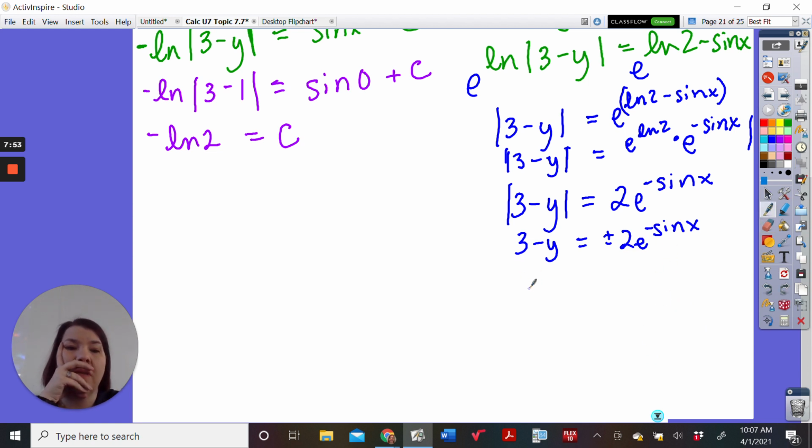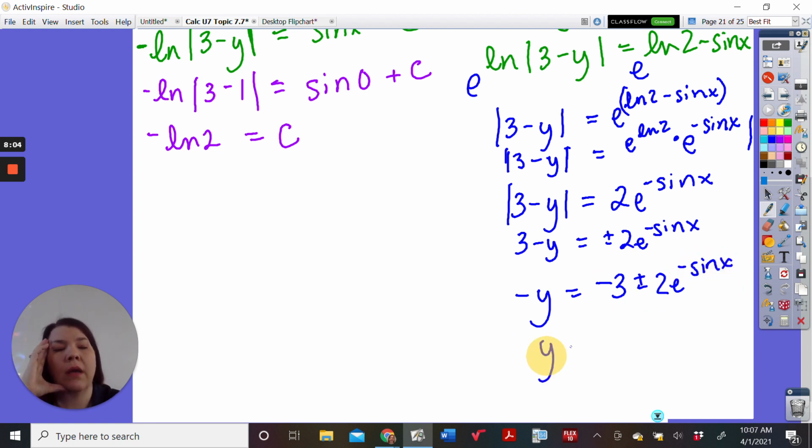And so then we're going to subtract 3, negative y equals negative 3 plus or minus 2e negative sine x. Y equals 3 minus or plus, and again, not important, but I'm changing all the signs, 2e negative sine x.